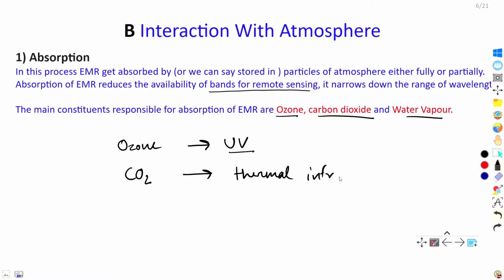Water vapor absorbs near infrared, near microwave and far infrared rays. And water vapor depends upon the location. The constituent of water vapor varies, so the absorption of radiation due to water vapor varies from place to place. So these are the absorptions.